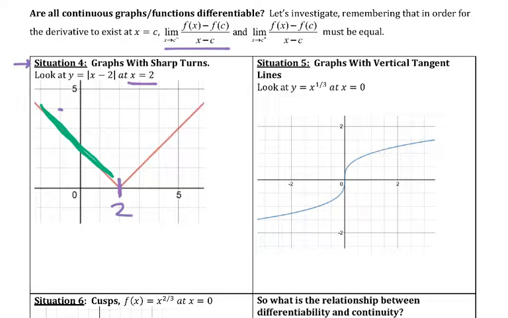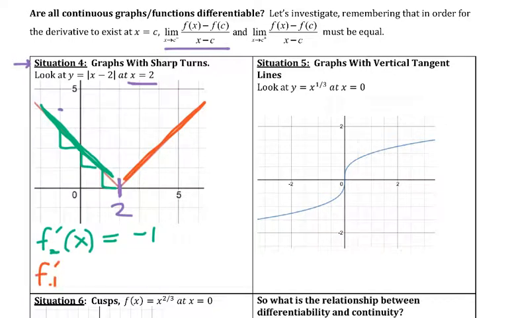The slope on the left, so I'm marking f prime of x with a little negative symbol down here to show that it's the left-hand side, is equal to -1. The slope here, you can see, is -1. Then let's look at the right-hand side. The derivative on the right-hand side equals +1.